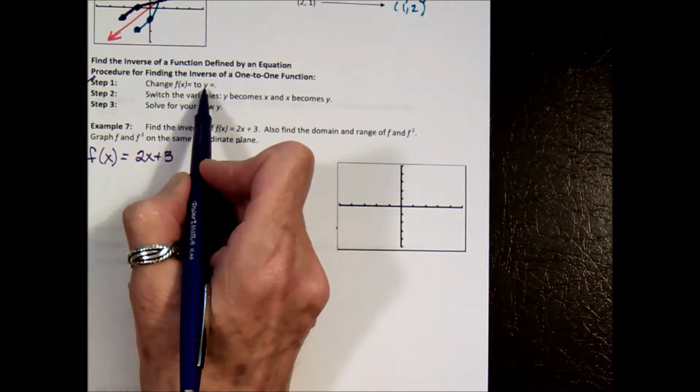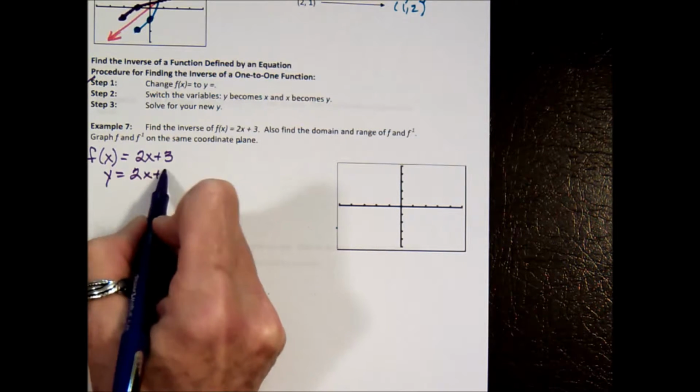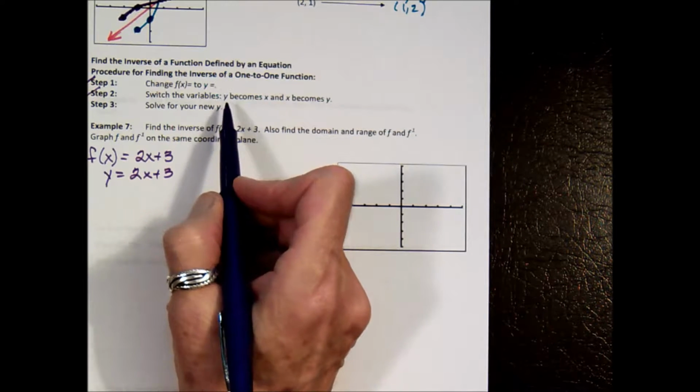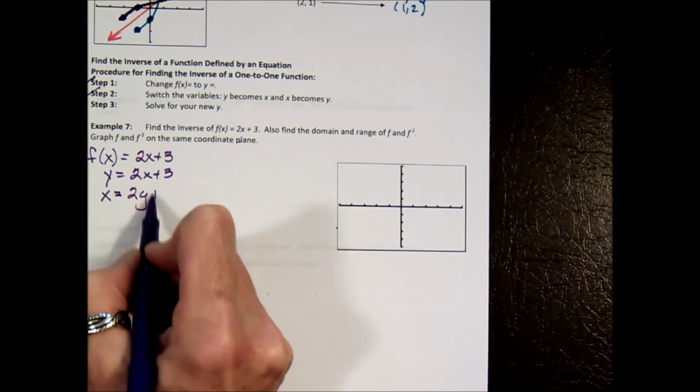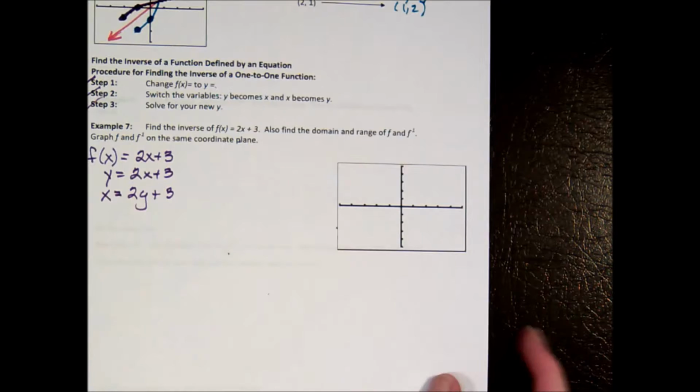Step 1 tells us to change the f of x to a y. Y equals 2x plus 3. Step 2 says switch the variables. So the y becomes an x, the x becomes a y. You just switch them. And step 3 says now solve for y.